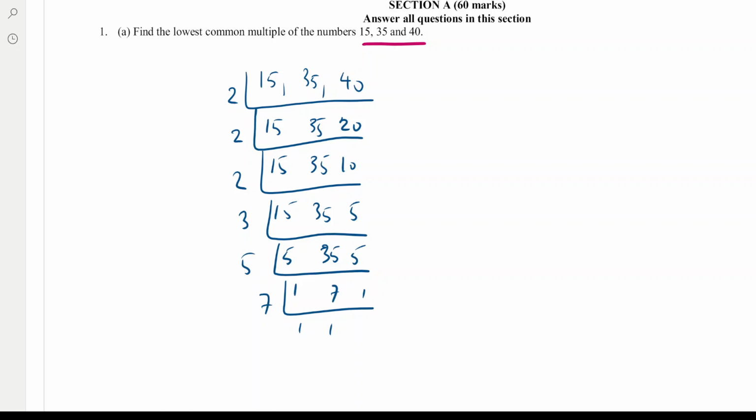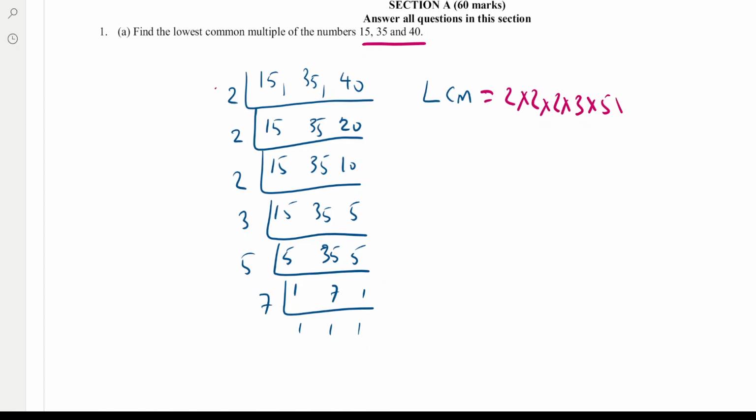So the LCM now will be the product of all these prime factors, dear students. We'll be taking 2 times 2 times 2 times 3 times 5 times 7.